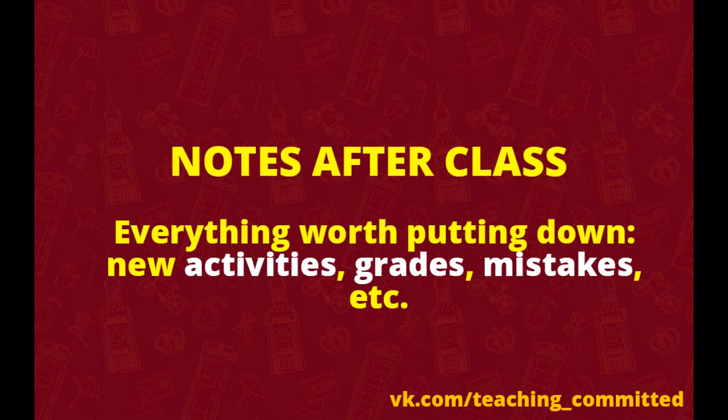So some mistakes that the student might make, and something that might come in handy later on. So maybe some materials that you thought of during the class and you think you might use later on. So what else?